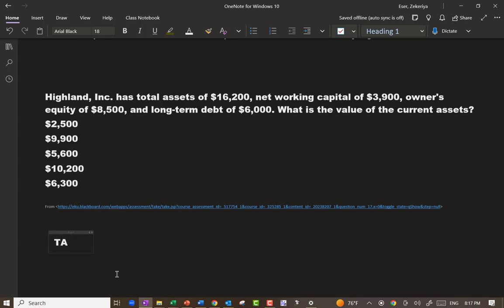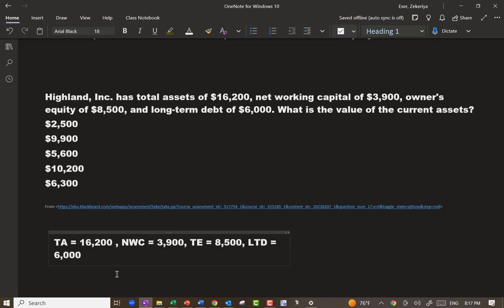We have total assets equal 16.2, net working capital 9, total equity, which is also known as owner's equity, 8.5, LTD equals 6,000, and you're probably thinking, what the hell is going on, right?